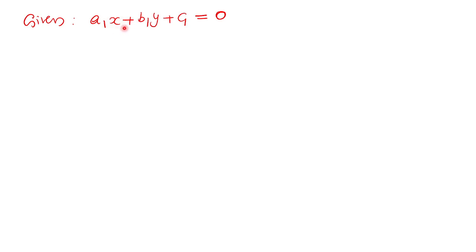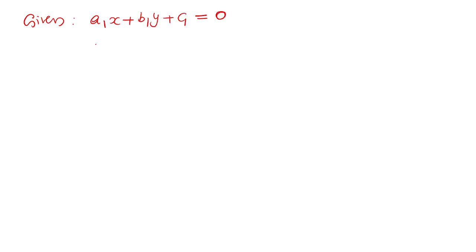But when we solve, using the substitution or any other method, we prefer the constant term on the other side. But generally the linear equations in two variables will be like this.